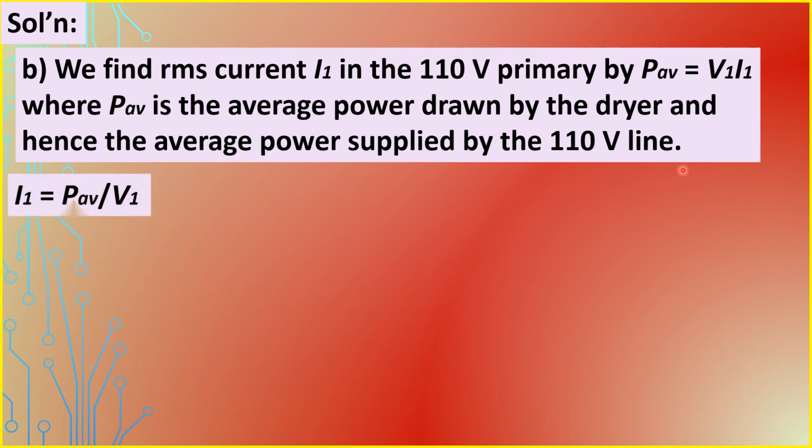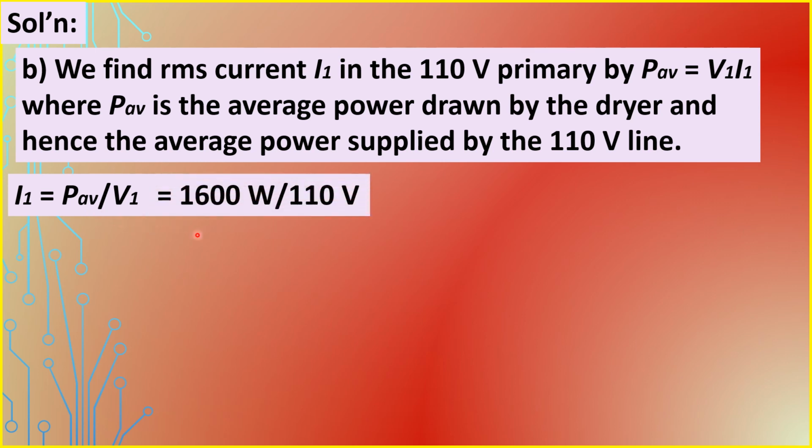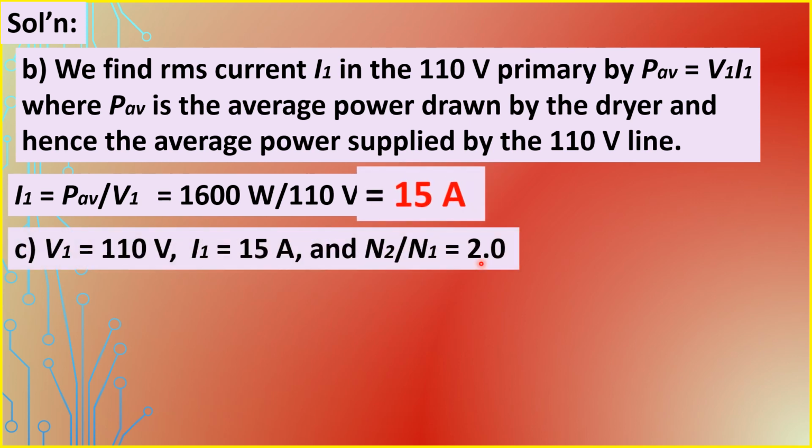So the working formula for determining that current I sub 1 is just equal to average power divided by V sub 1. Substituting, we get 1,600 watts divided by 110 volts. And our answer for the current I sub 1 equals 15 amperes.